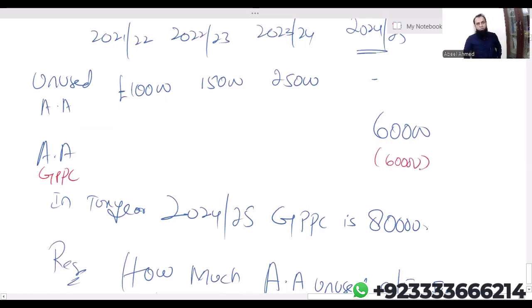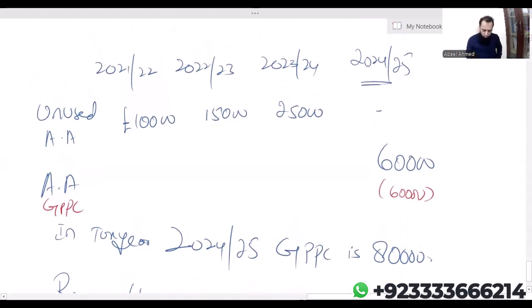So the gross PPC is 80. I have used 60. Still 20,000 I want to deduct. Remaining 20,000 of the gross PPC will be utilized in previous 3 tax years on FIFO basis. So it means, first of all, I'll be using the unused limit of 21-22.